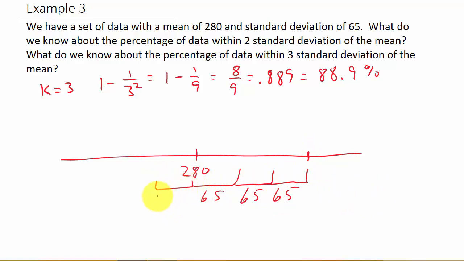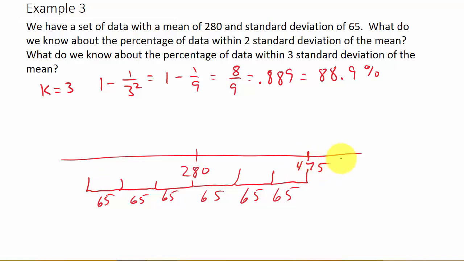And then I would do the same thing, subtract 65 three times. That would be my 3 standard deviations below the mean. So if I do 280 and add 65 three times, that would give me 475.